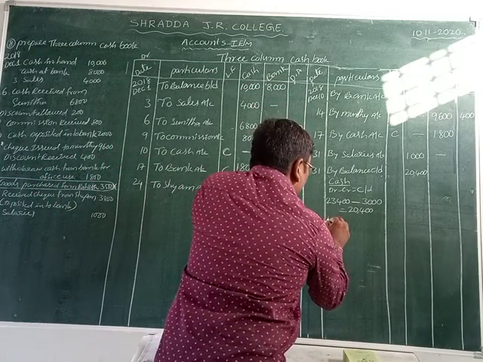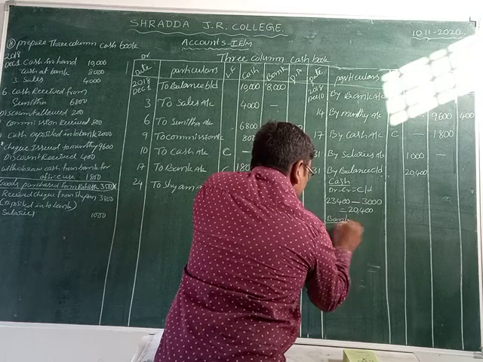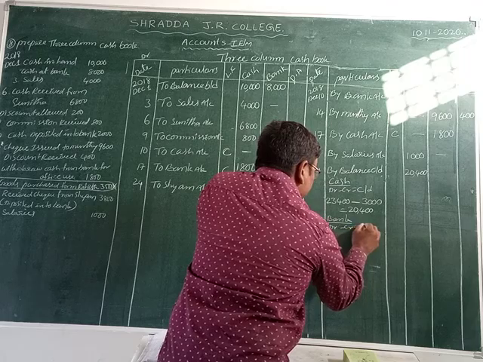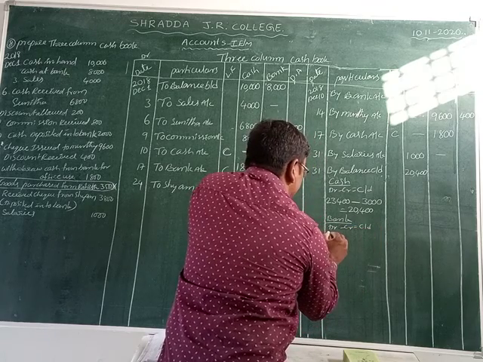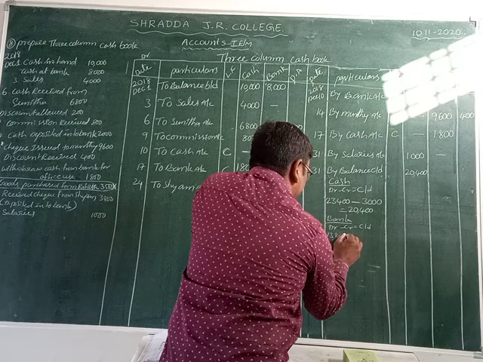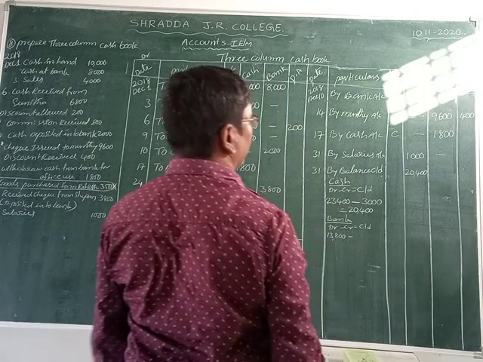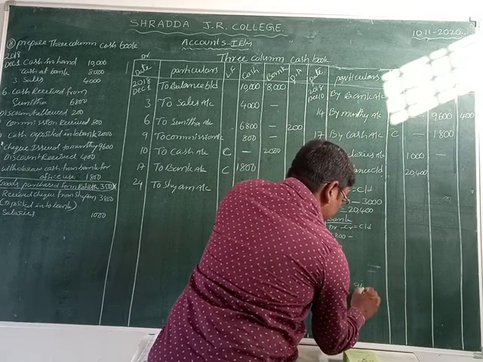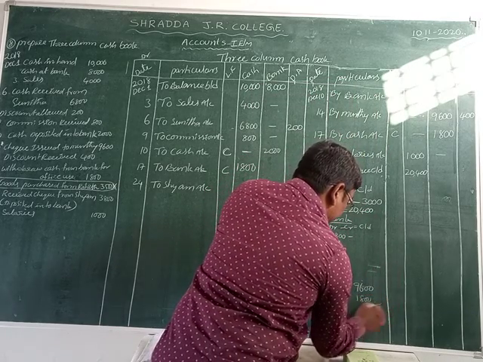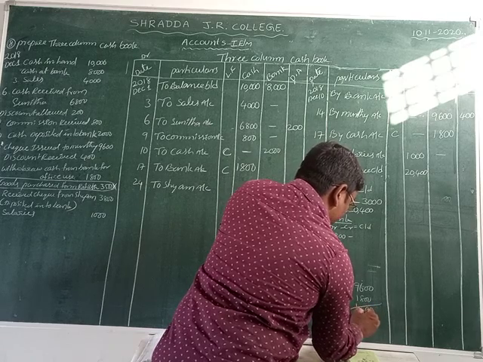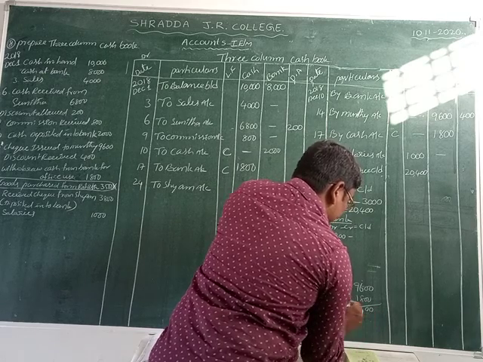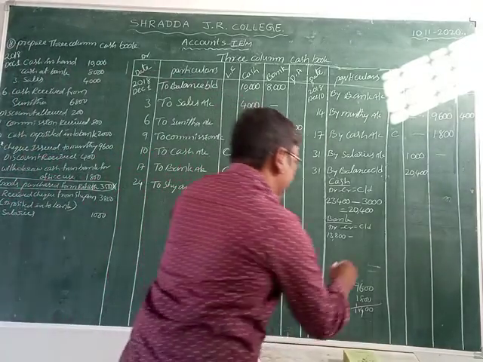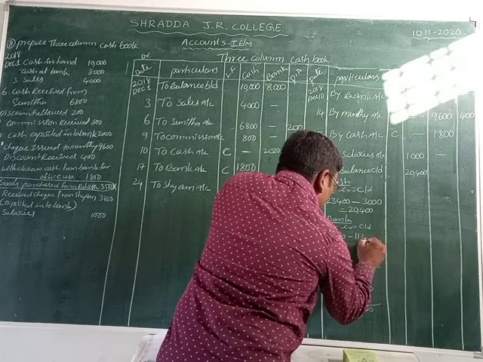Now we go to the bank balance: debit minus credit equals balance carried down. What is the debit bank total? 13,800, minus the credit bank total. 9,600 plus 1,800 is 11,400 rupees, the bank credit balance. Let us write down 11,400.